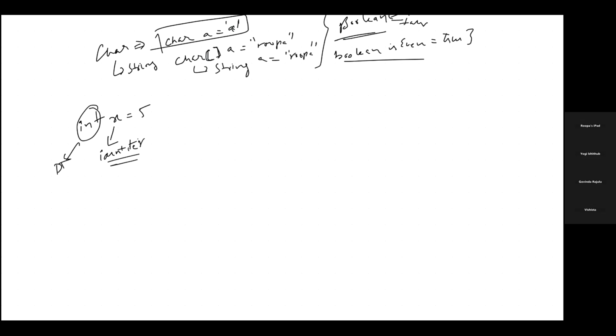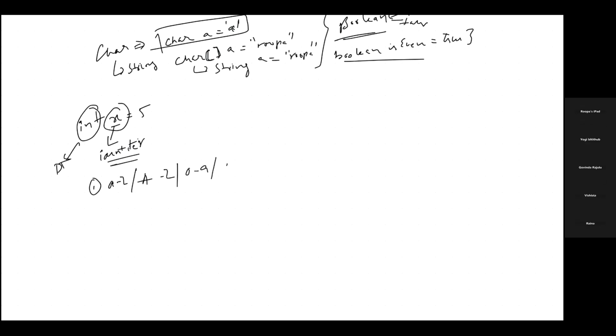There are some conventions you need to follow for naming things. One, it should have alphabets, meaning A to Z or capital A to Z, or it can contain 0 to 9 numbers, or it can have an underscore or a dollar symbol. You can only form a name with this particular set.